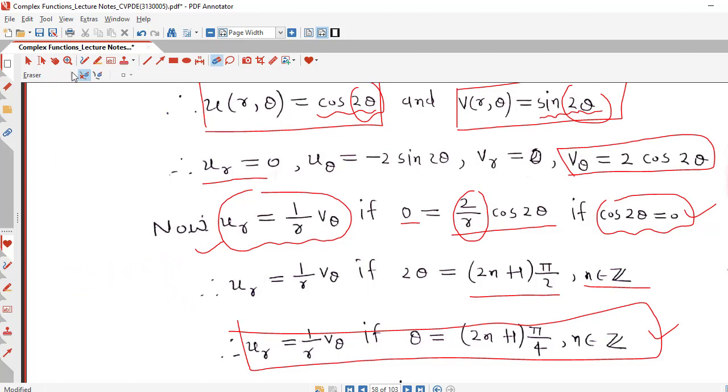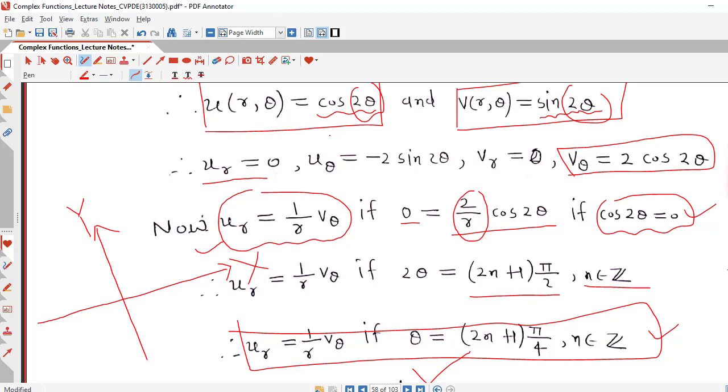So what we can say is, suppose I have this xy plane, then if I take n equal to 0 here, in this theta equal to 2n plus 1 pi by 4, I will obtain theta equal to pi by 4.